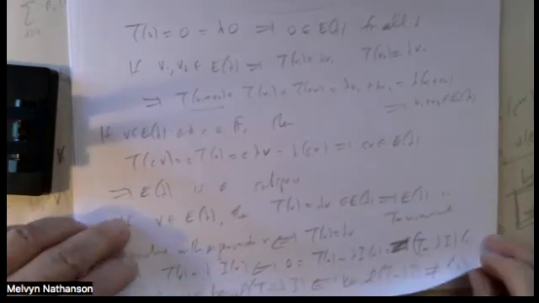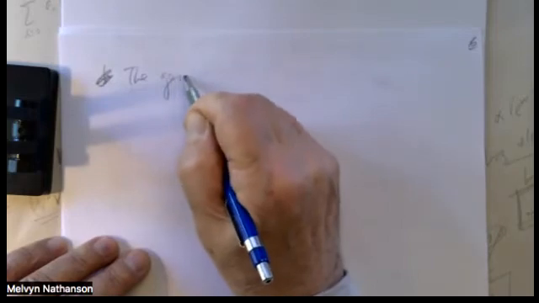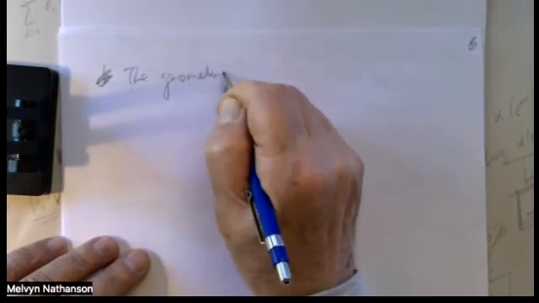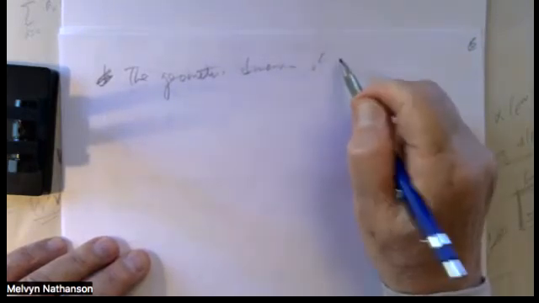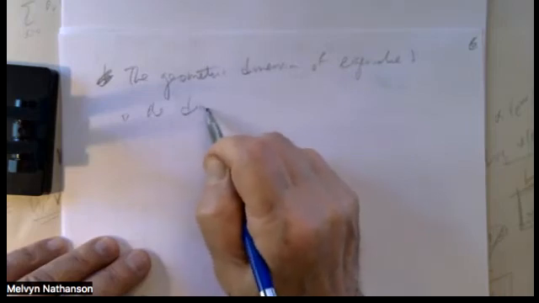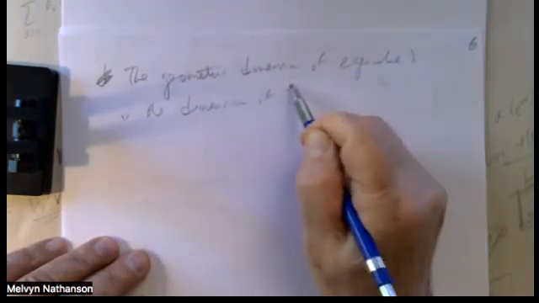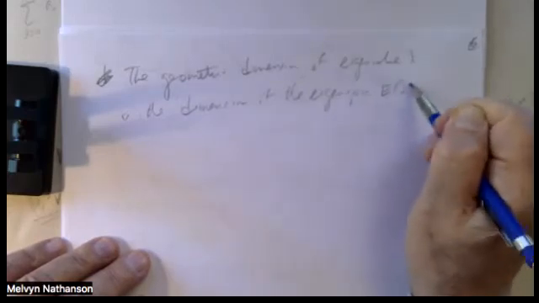As a matter of terminology in linear algebra, what is called the geometric dimension of an eigenvalue lambda is the dimension of the eigenspace, the vector subspace, E of lambda.